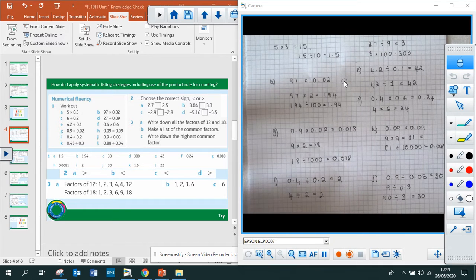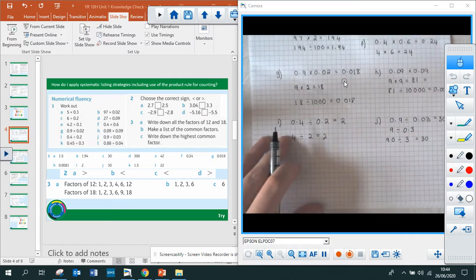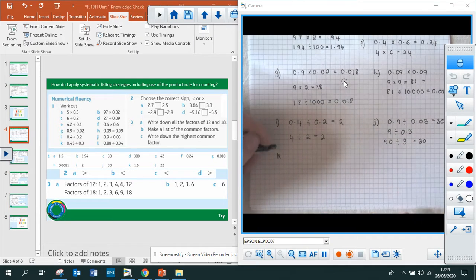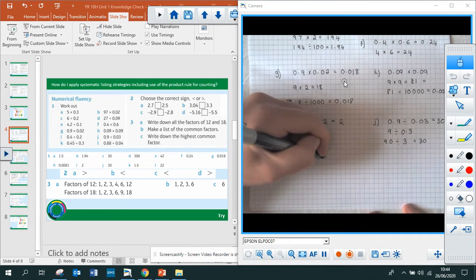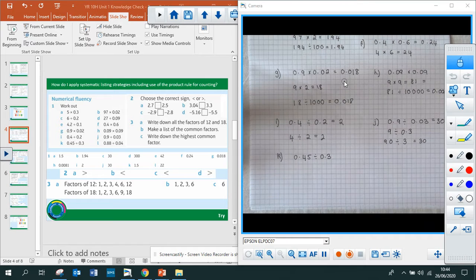The next one, so we're on K now. Let me just move my paper up, sorry. So on K now, we're doing 0.45 divided by 0.3. And again, as we're dividing, I'm going to do the same thing to both parts of my division so that I don't have to change my answer.